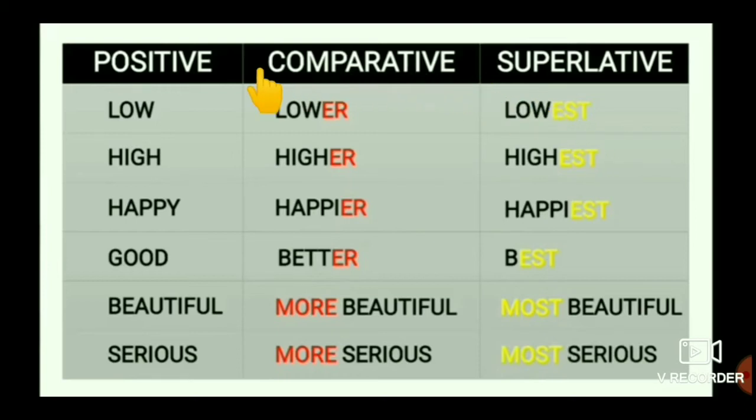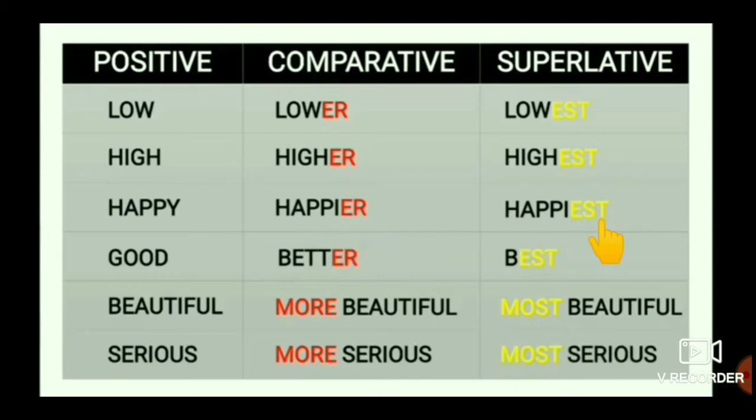Understood? Low, lower, lowest. High, higher, highest. Happy, happier, happiest. Here observe, children, the Y at the end of the word is replaced with I in the comparative degree and the superlative degree also.